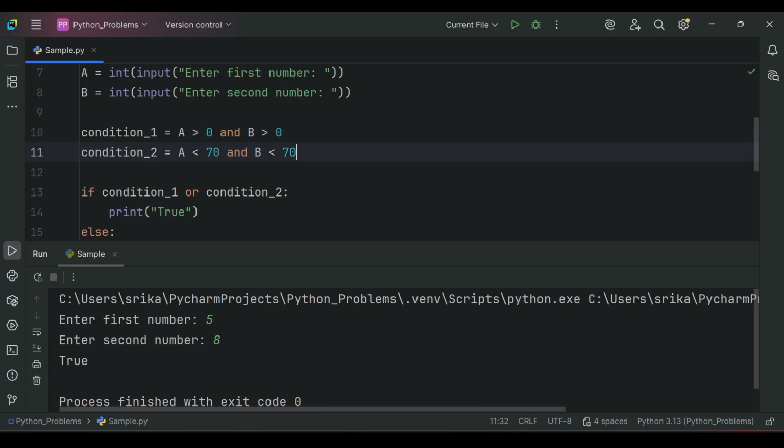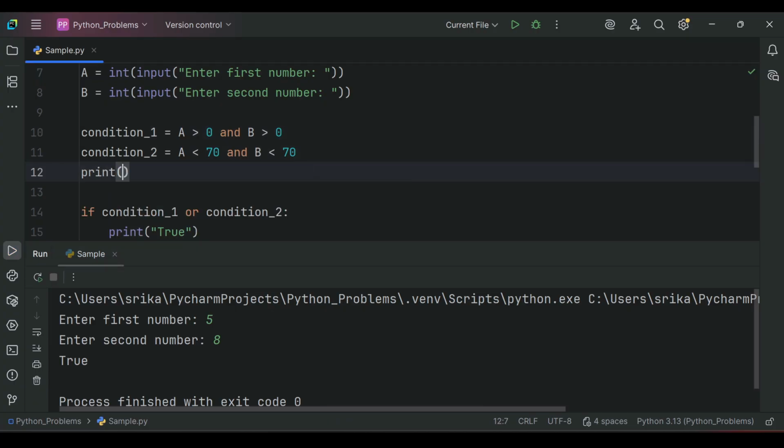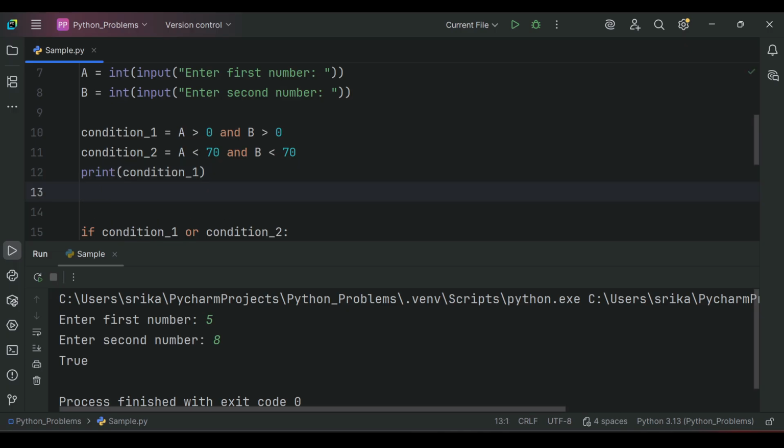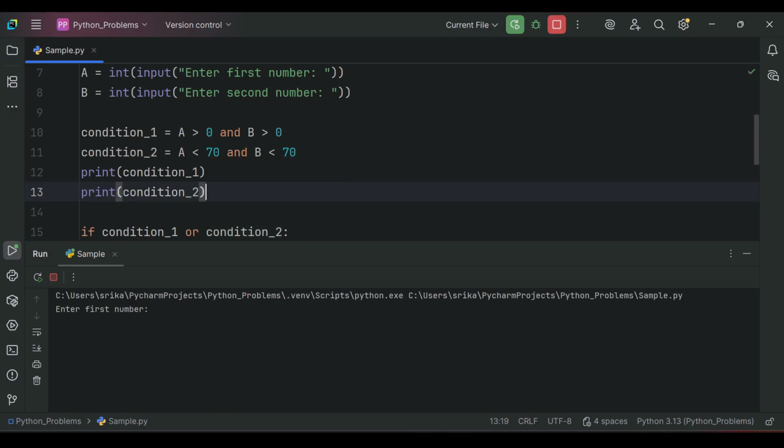Now here we check with conditions also. Condition 1 and condition 2. See here, 7 and 9. I am giving first number as 7 and second number as 9. Why?